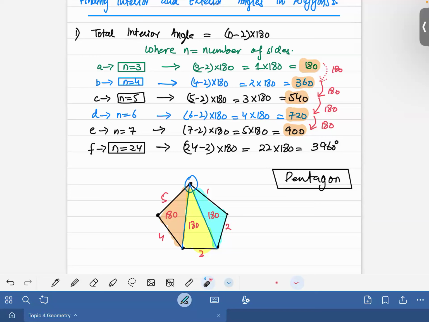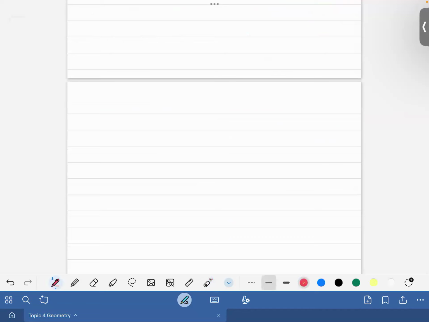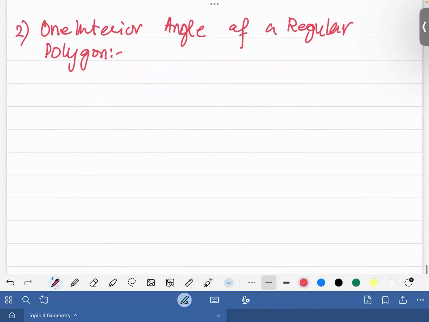Okay. Now I'm proceeding with the one interior angle of a regular polygon. So please pay attention, everybody. Concept number 2: one interior angle of a regular polygon. As the name indicates, it's one interior angle and it says regular as well.